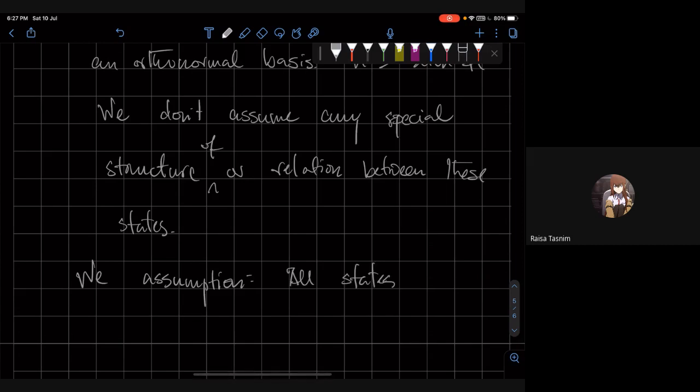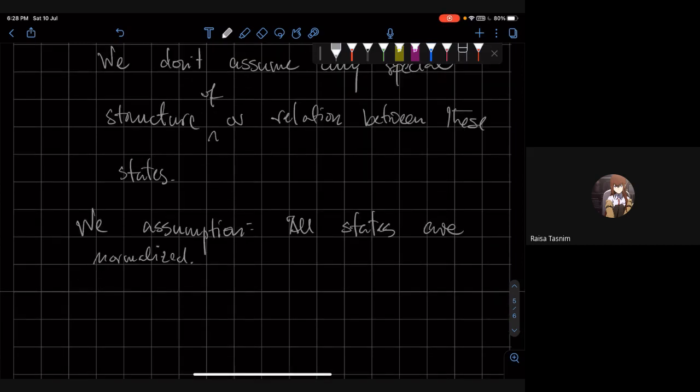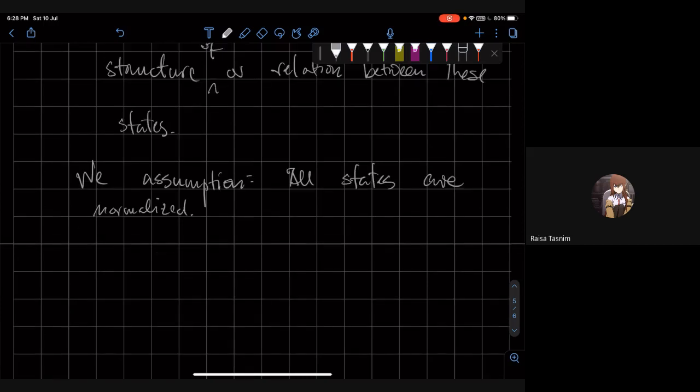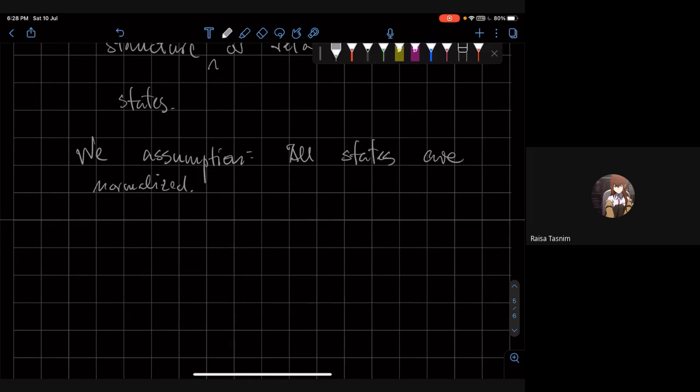If they're not normalized, it's very easy to normalize a state. If I give you a state that is not normalized, you normalize it very easily in quantum mechanics. This is not a big deal. This is a technical assumption, which is not restrictive at all, I should say.